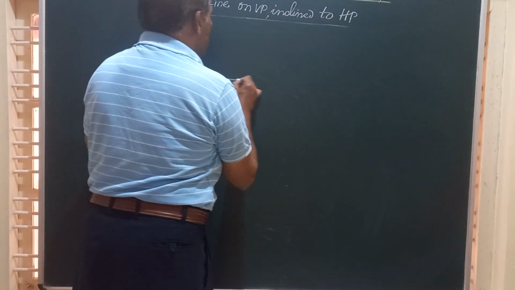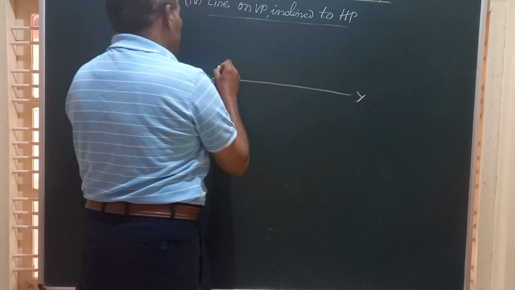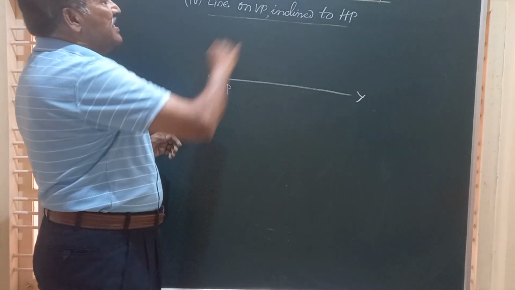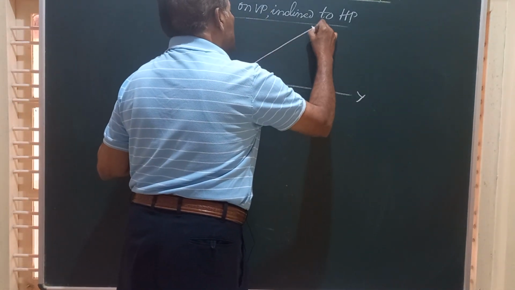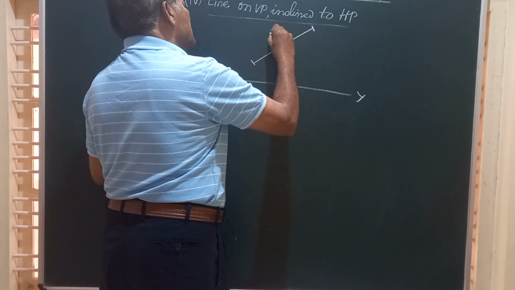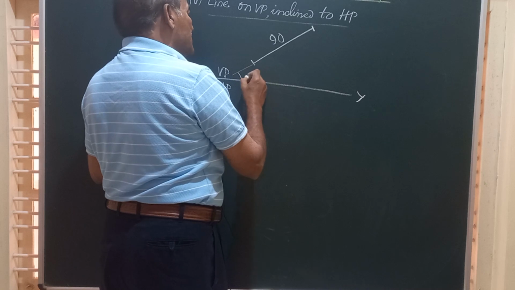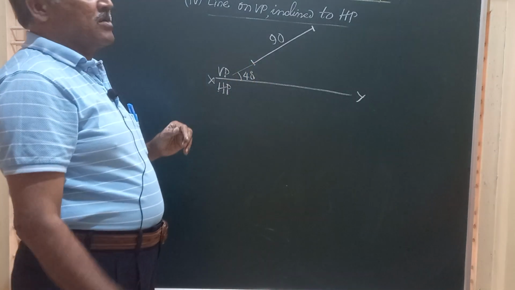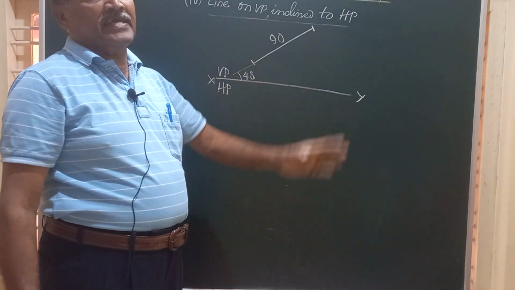As usual, mark XY, mark VP and HP, and he says the line is inclined. So I will just draw a line, say of the given length 90 millimeter at the given angle, say 40 degree. That will be specified in the problem. So when you actually take up the problem, we will do it in detail.